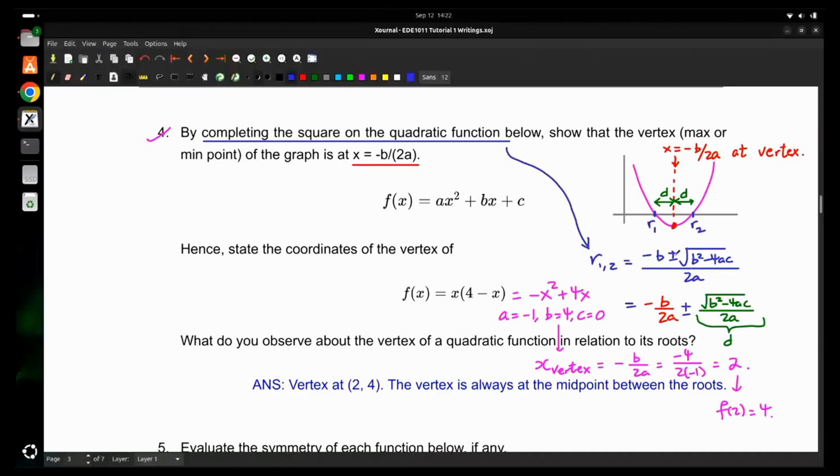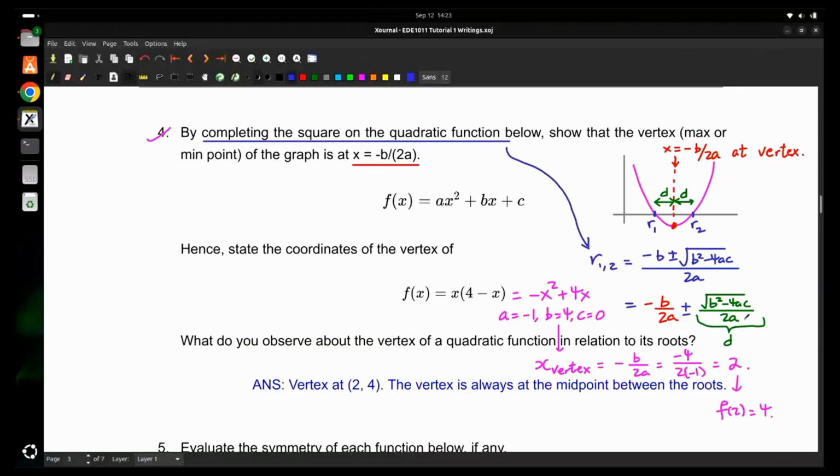Now what's important is that you're trying to show that the vertex, which is the min or max point of a quadratic function, is always at minus b over 2a. From the root formula, you notice that you can split it into minus b over 2a, the red part, plus or minus the green part, which is just the root of this expression over 2a.